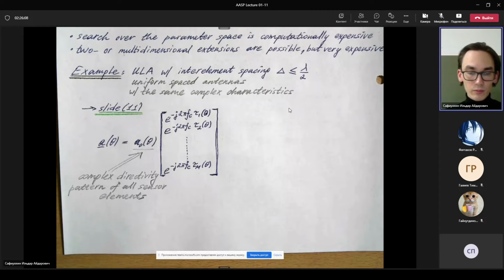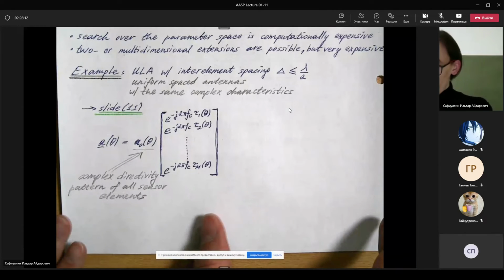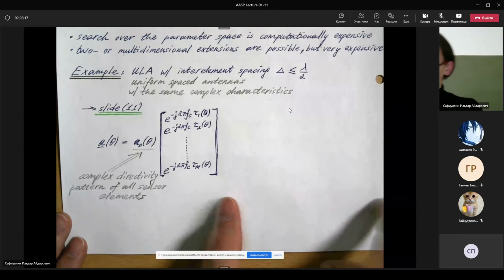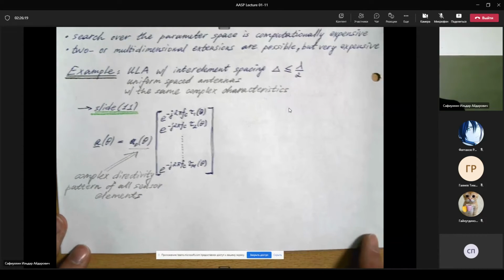And then I think I will show this complex directivity pattern here, which depends on theta.